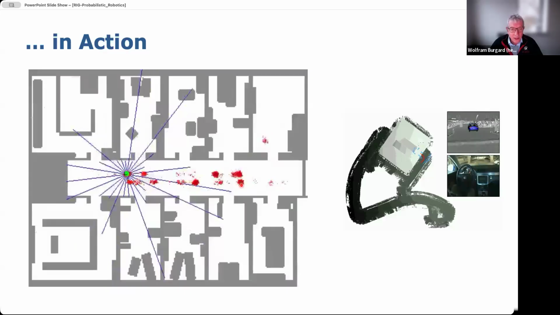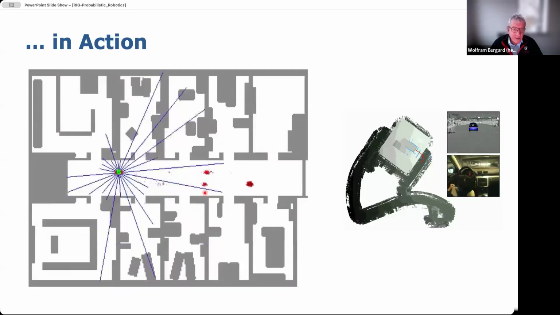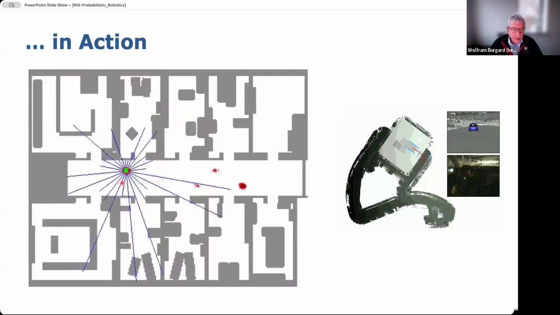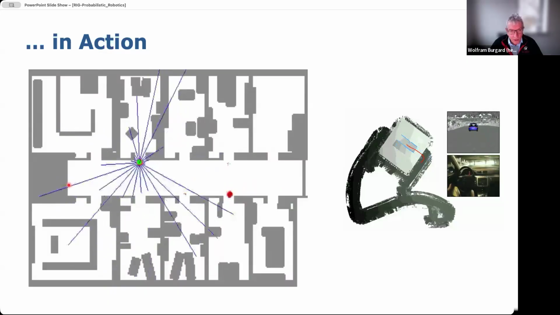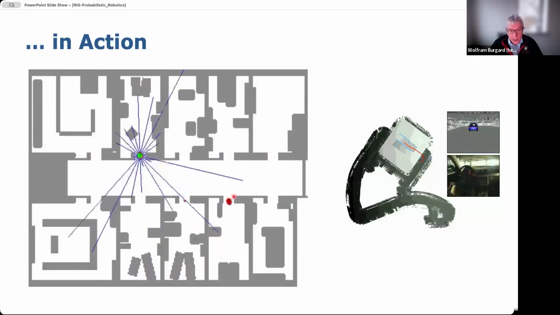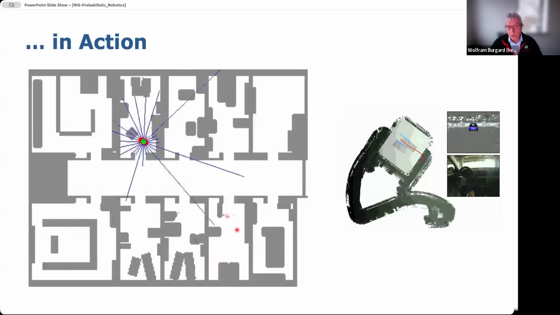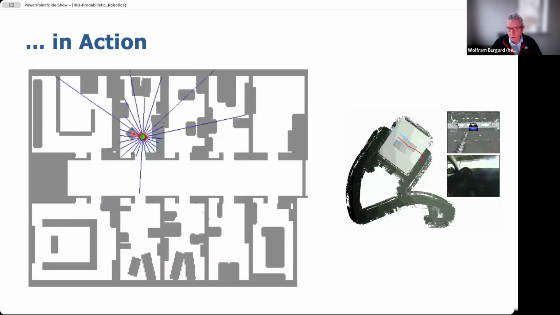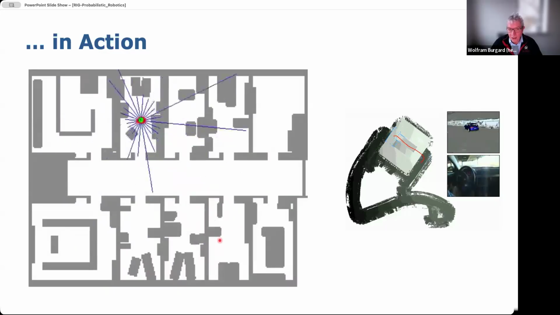Then you have different peaks at relatively the same distance to the door. At some point the robot figures out where it is relative to the end of the corridor, but it doesn't know whether it's moving left or right. This can only be resolved by moving into these rooms, because those two rooms look different. The robot will only know once it is over here whether it's actually here or down there.